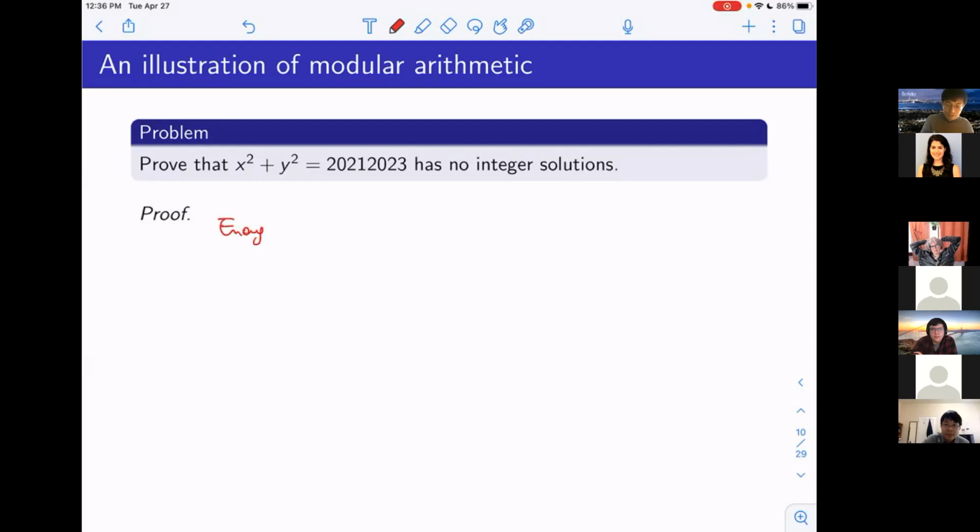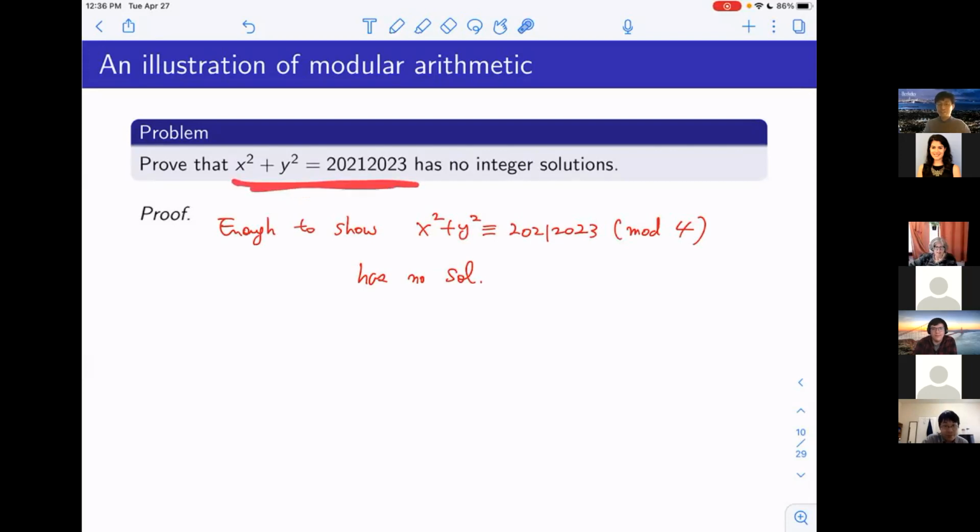And the observation is that it's enough to show that this equation has no solution modulo 4. Well, why is this? Because if you had a solution, then, well, if A is equal to B, then of course A is congruent to B modulo 4, right?